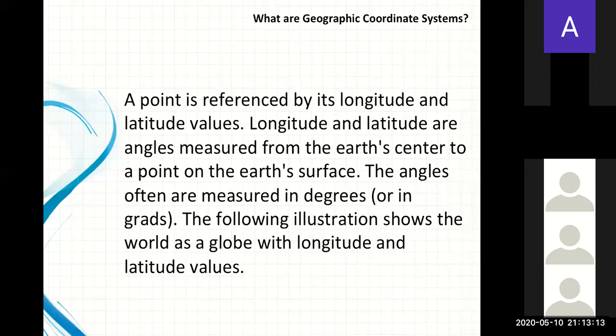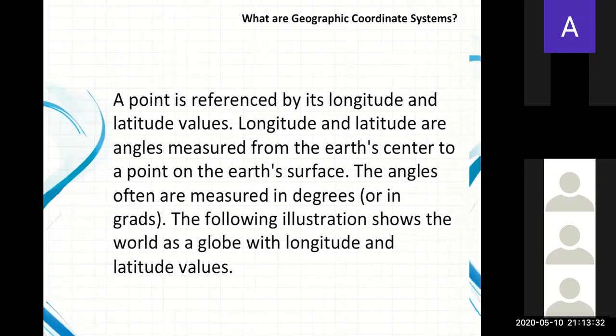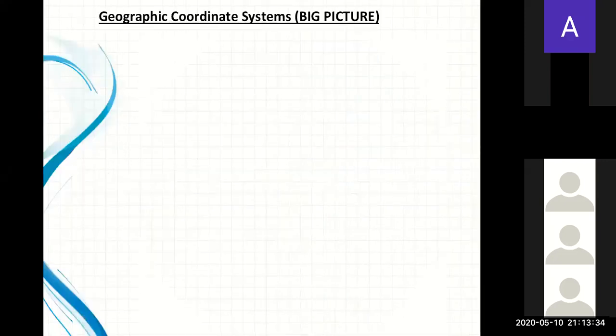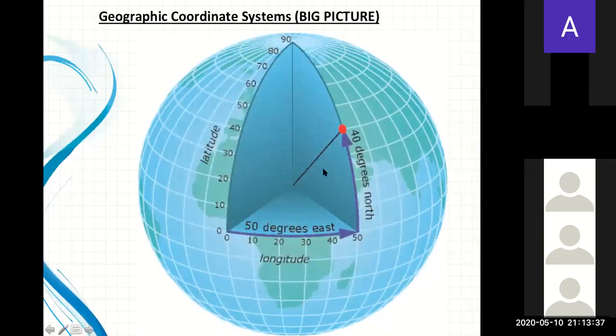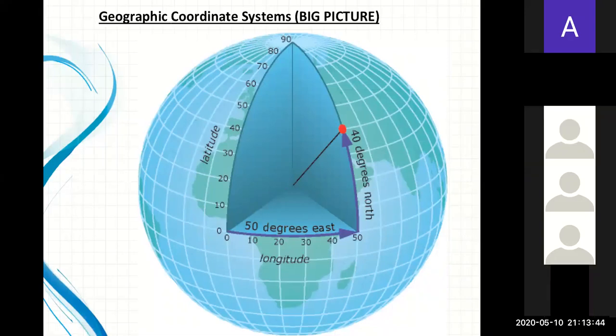Longitude and latitude values are angles measured on the Earth's surface from the center to a point on the Earth's surface, and the angles are often in degrees or grads. The following illustration shows the world as a globe with longitude and latitude values. When we look at this, you can define any point on the Earth's surface with its latitude and longitude, and the unit is always in degrees.